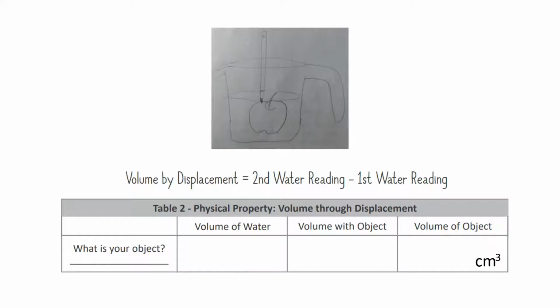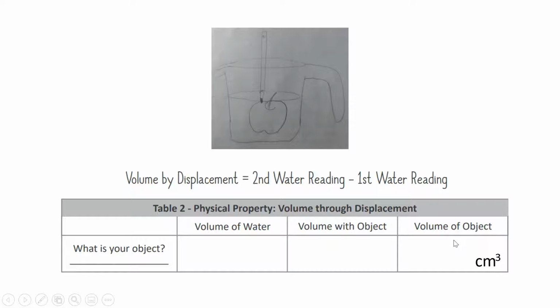So you're going to take the number with the object and subtract your water measurement, and then you will have, oh, milliliters. That's right. We need to do it in milliliters. And then you're going to have your volume.